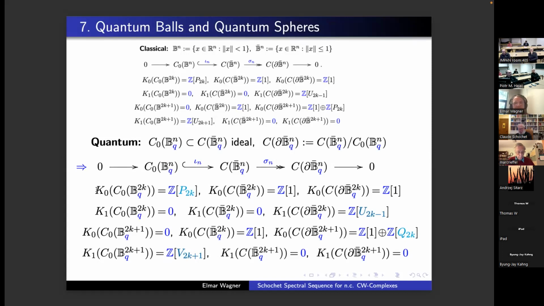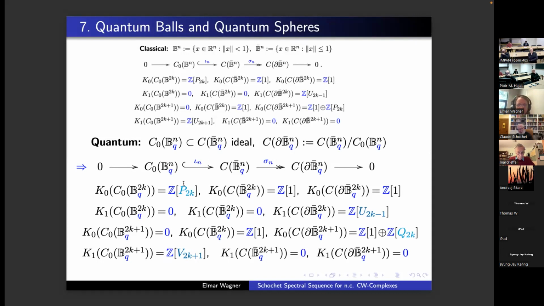But you want to have the same K-theory invariance. Now what we require is K0 of C0 of the open ball, in the quantum case, should be Z with a distinguished generator.